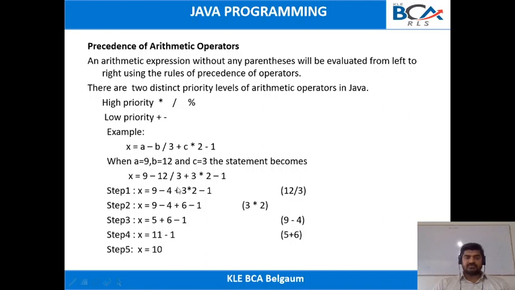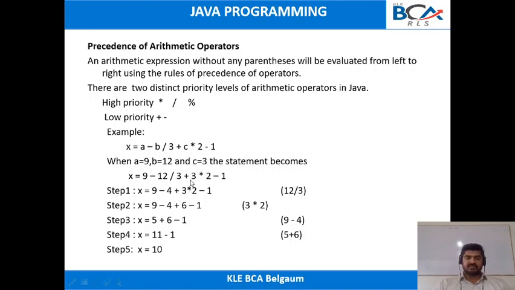In the first step we evaluate the division because it has the highest priority. 12 divided by 3 gives us 4, and the remaining things stay the same. In the second step, we evaluate 3 into 2, so we get 9 minus 4 plus 6.